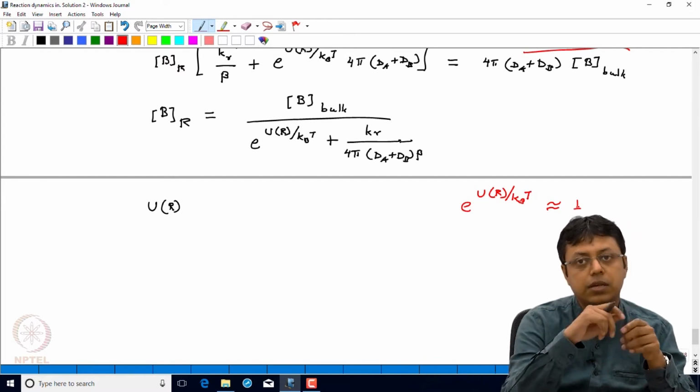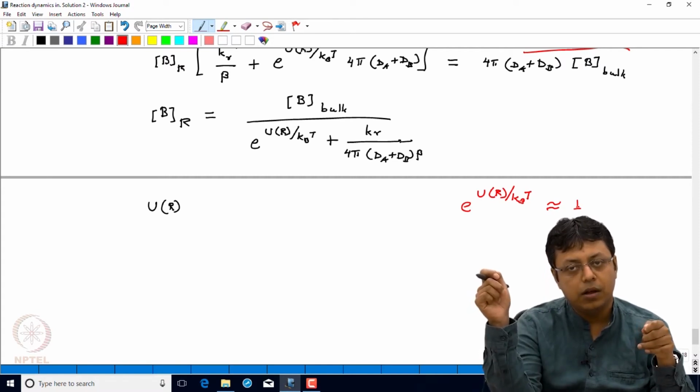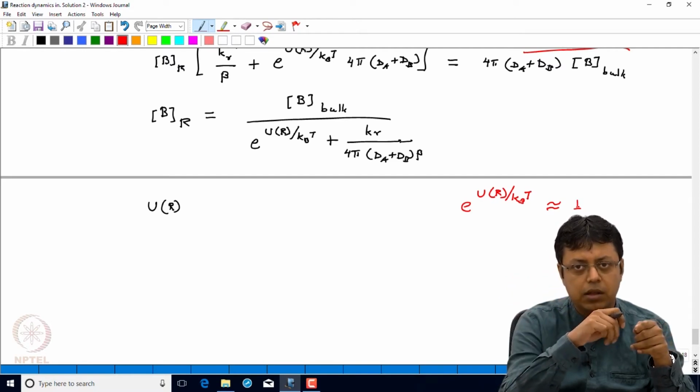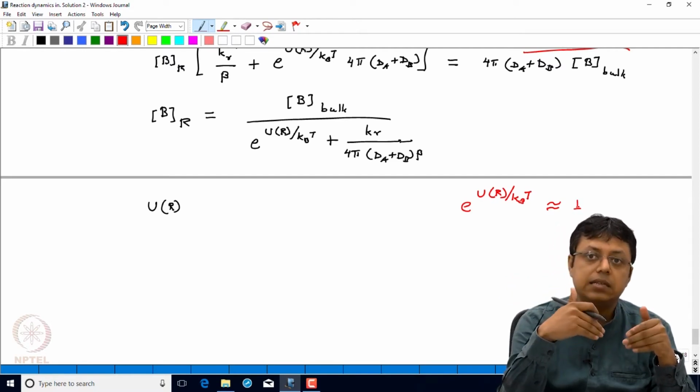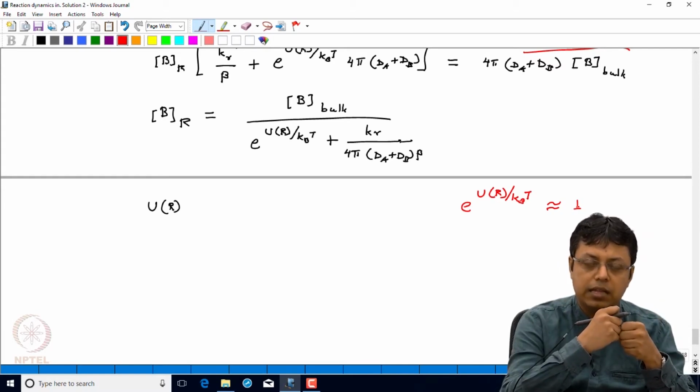Now don't get confused that when I am keeping r equal to infinity, the u of r was basically 0. Now as I am bringing it closer to the second ion, the potential is increasing in the negative sense. But when the ions are in contact, then I can assume that potential has gone into its minimum position.